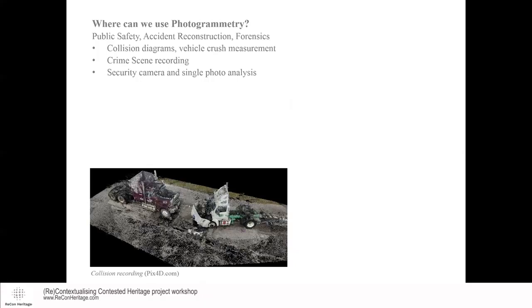And those are really good because you want to be able to record the scene very quickly, and then be able to reopen the road or the building, and it also means that you're not losing as much information or evidence because it's windy or whatever, or it's raining, etc. So you get the scene very quickly, and you build up a detailed picture, and you can see that from the bottom corner here of this collision between two lorries.